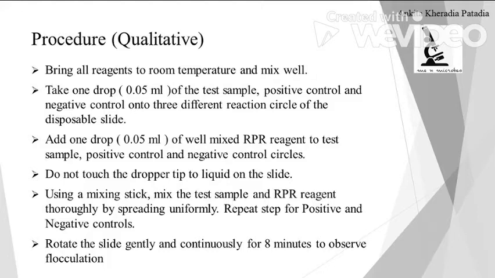Do not touch the dropper tip. You have to be careful while adding the RPR antigen. The tip of the RPR antigen dropper should remain at a distance while you are adding. It should not touch the sample or the control.